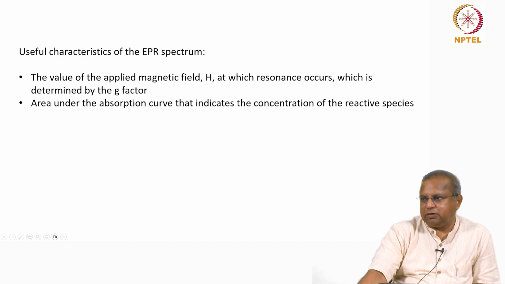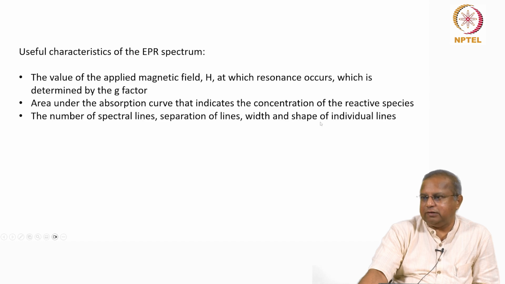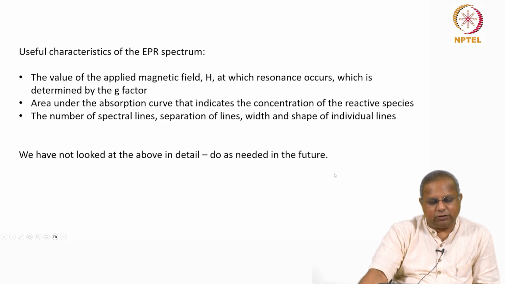That's another important calculation that we make. The number of spectral lines, the separation of lines, the width and shape of individual lines also give useful information. And of course, we have not looked at the detail. Only if you get into that area is it even relevant to look at the detail. So, you could do as needed in the future for this.